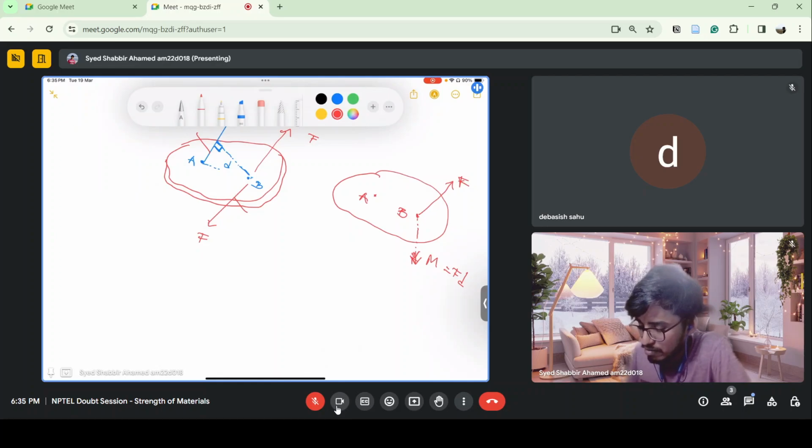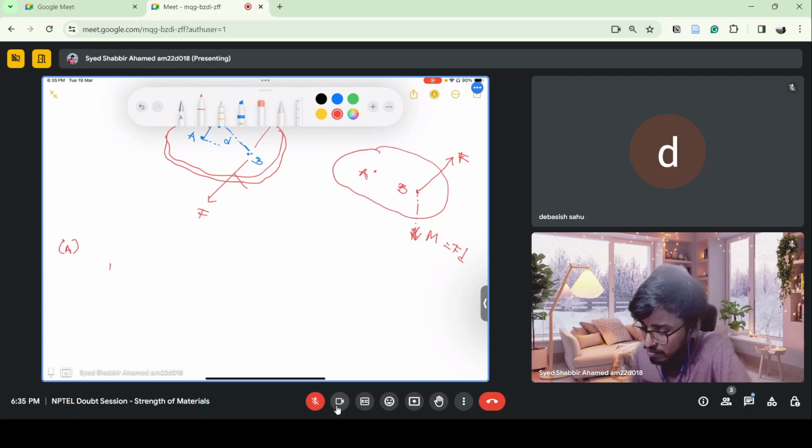Let's say we have some cross sections. A is a square cross section, and this is the z axis and this is the y axis.